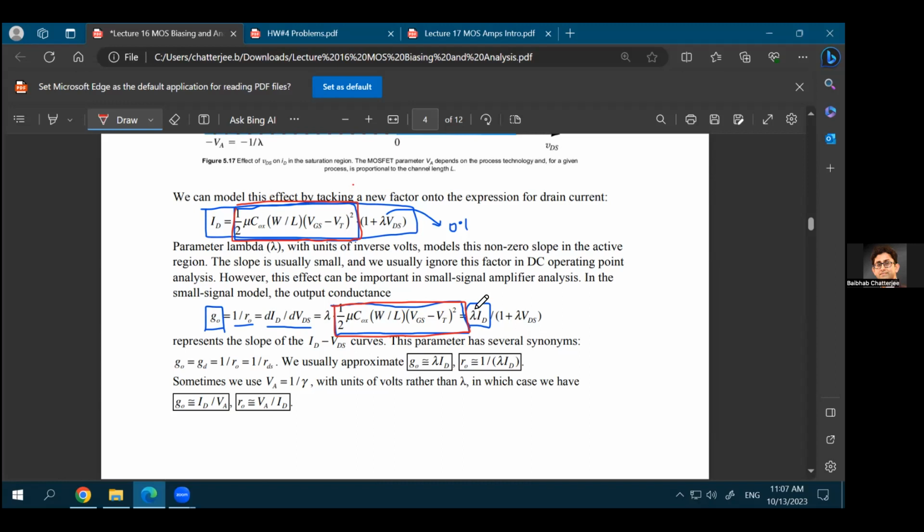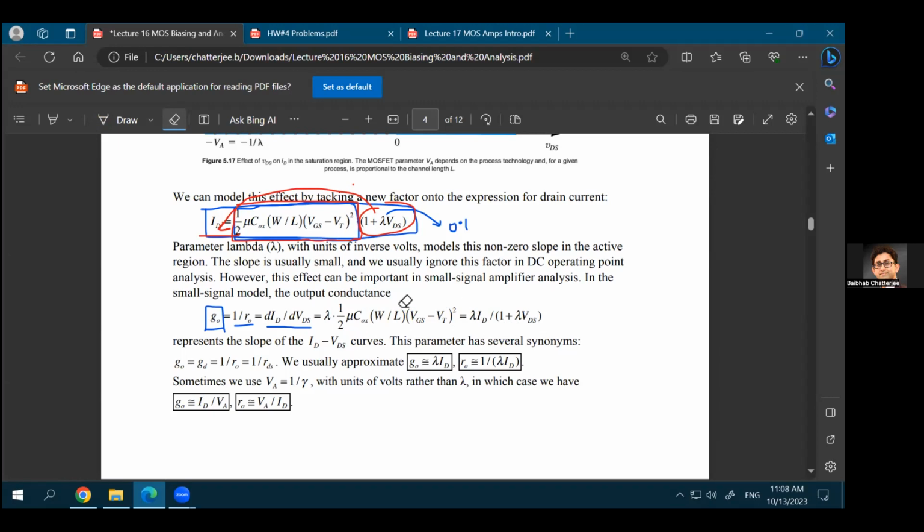So this term is equal to ID divided by 1 plus lambda VDS, because if you take this 1 plus lambda VDS term to the left hand side, that would become this half mu COX W over L times VGS minus VT whole squared. So this entire term becomes lambda ID divided by 1 plus lambda VDS.